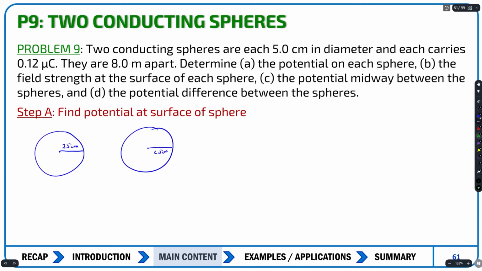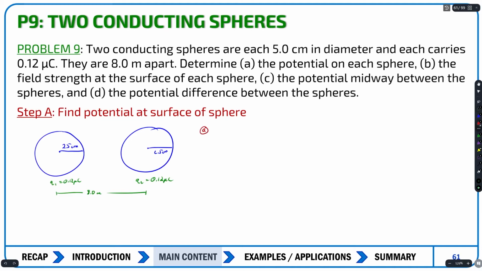And they're 8 meters apart. They both have a charge, Q1, Q2, and the distance between them is 8 meters.